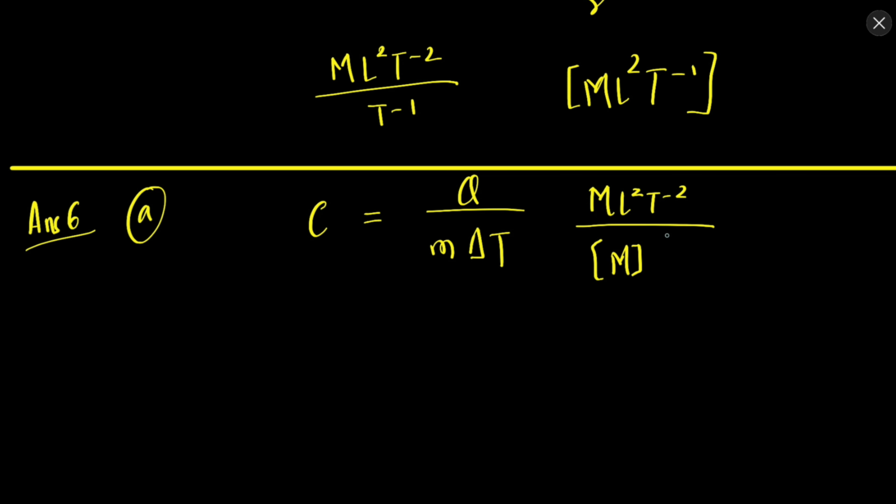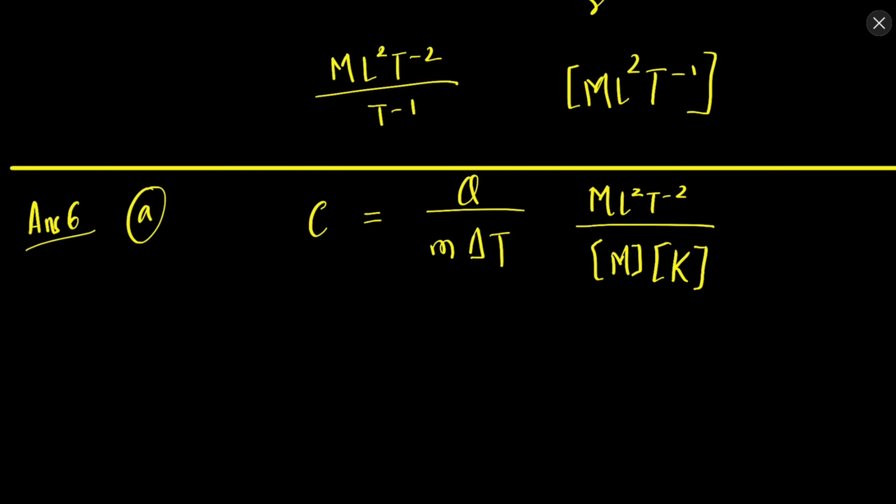So for temperature we will have a new symbol, K. It is a fundamental quantity, just a representation. K is for temperature because temperature is measured in Kelvin.